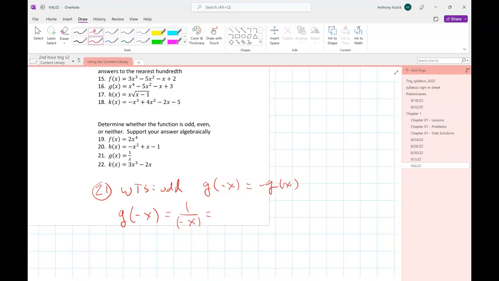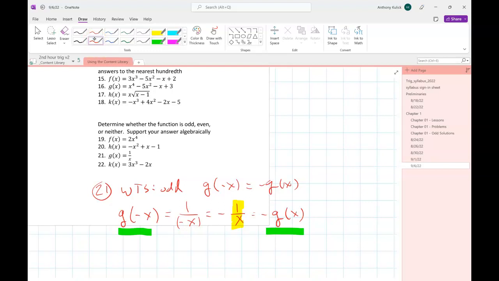And I know that if I have a negative inside the fraction, I could put that negative in the numerator, the denominator, or just out front of the fraction, which is where I'm going to put it. Cool with that? And this part right here is just my g of x again. So I'm done because I've shown that g of negative x is equal to negative g of x. And that's it.